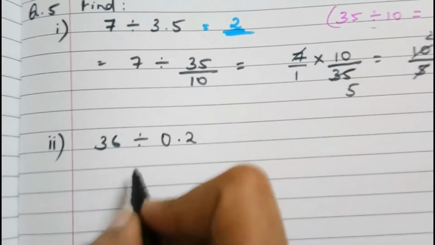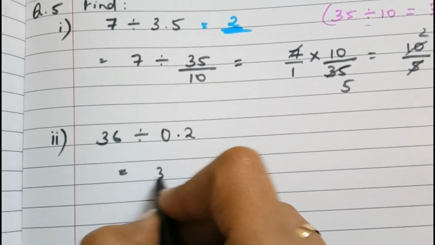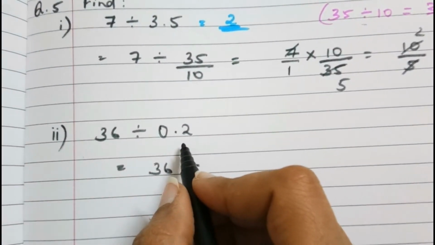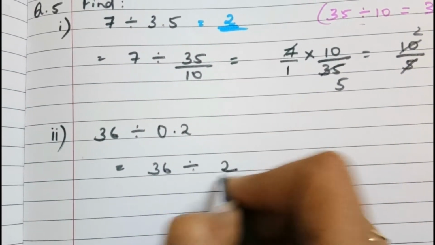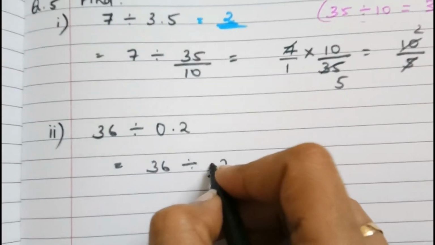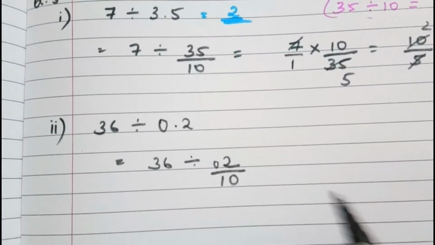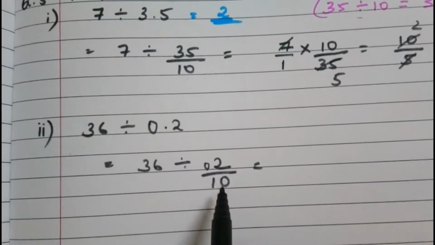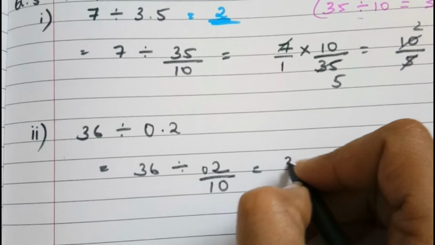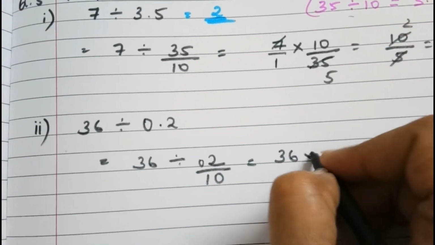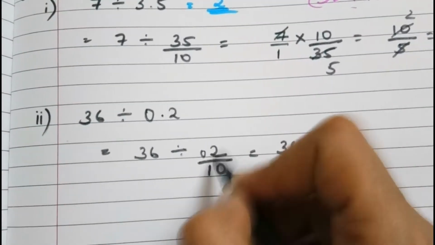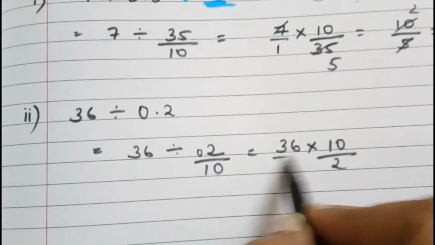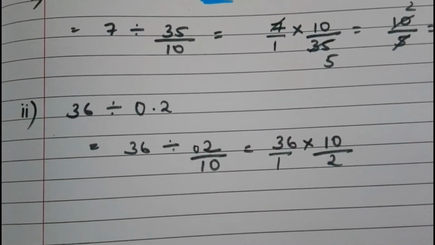How can we write this? 36 divided by 0.2 can be written as 36 divided by 2 by 10. 0.2 and 2 by 10 are both the same. Since it is division and fraction, we write it as 36 into the reciprocal of this, 10 by 2, and 36 will be 36 by 1.